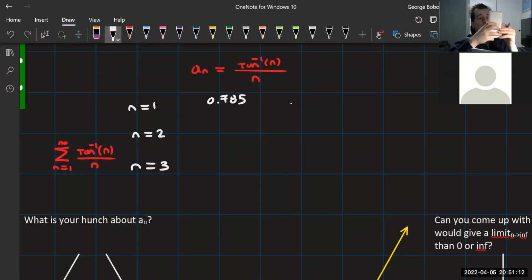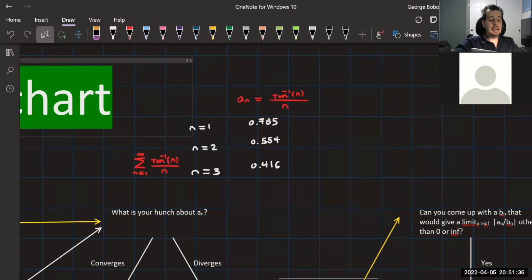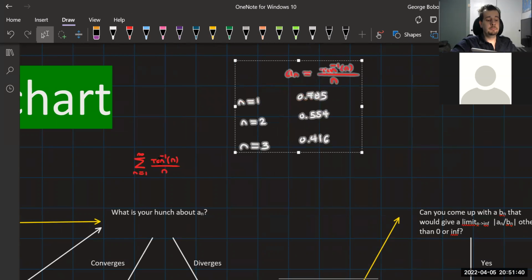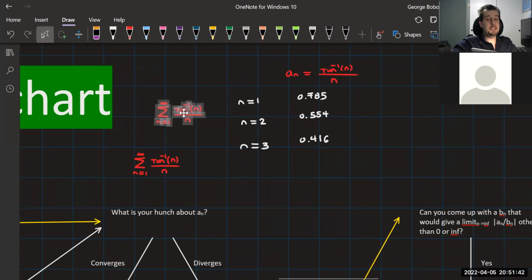N equals 2. Tangent inverse of 2 divided by 2 is 0.554. Tangent inverse of 3 divided by 3 is 0.416. Do you see how slowly this is converging? That's a bad sign.